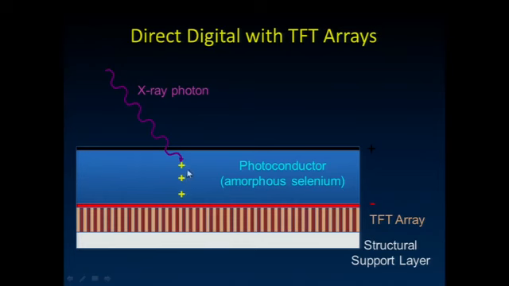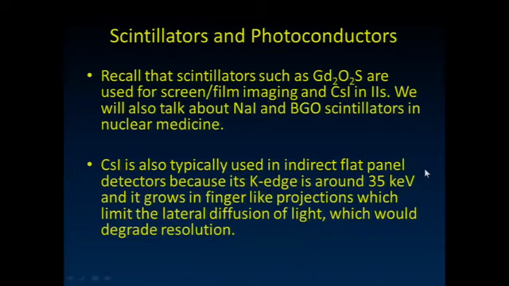If we put a little bias voltage, positive voltage here, negative voltage here, the electrons will move in one direction, and the hole, the space that the electron left, will move directly down to the thin film transistor array. So unlike our scintillators and phosphors and screens, we don't get that spreading out of the light. The charge moves linearly down to the closest point on that thin film transistor array. So nice resolution properties here.